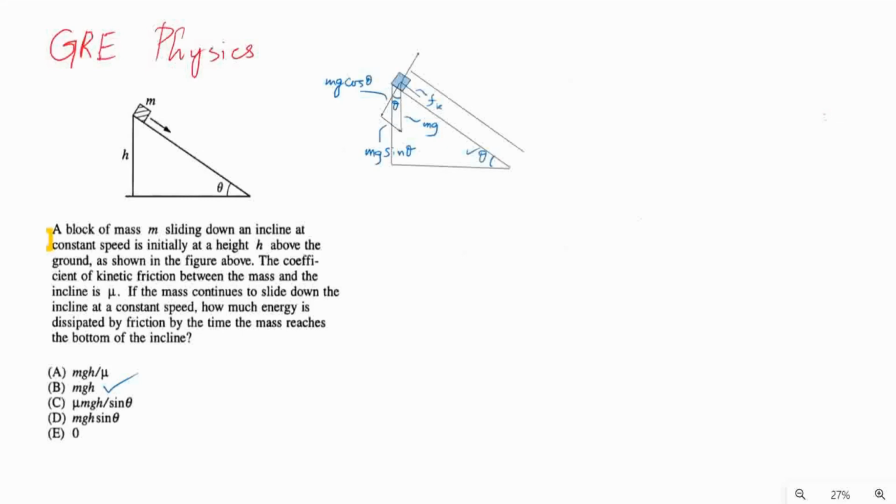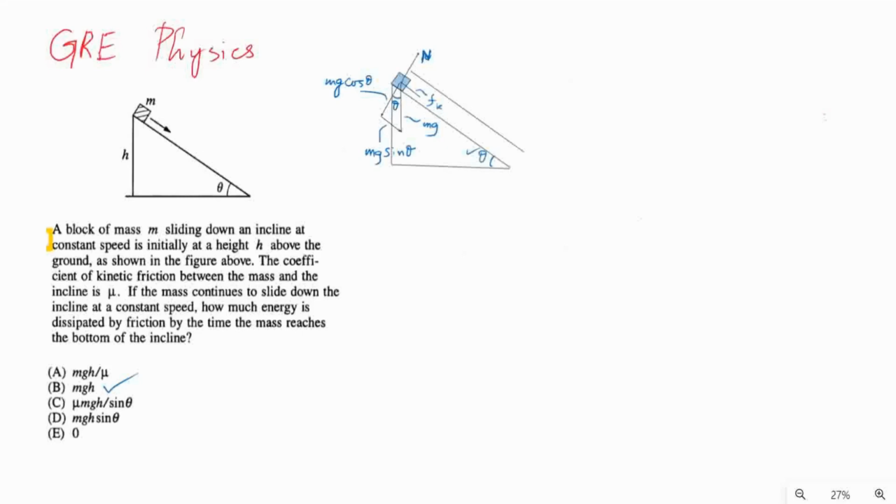And since this acts on the ramp perpendicularly, there is a reaction force, the normal force, this one, which has the same magnitude as mg cosine theta.